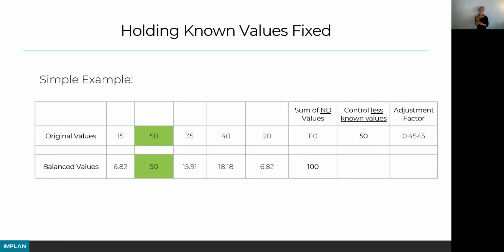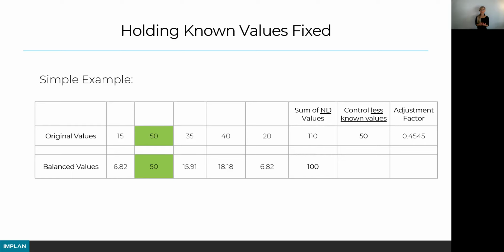And that adjustment factor gets multiplied only by our first estimates. So we're just leaving that 50 value alone because it's known and it's good. And so we calculate an adjustment factor that's just related to our estimates and how much total value we can give to all those estimates.